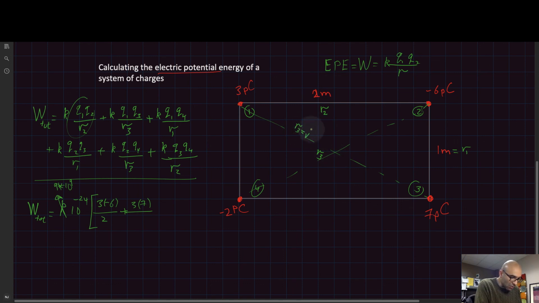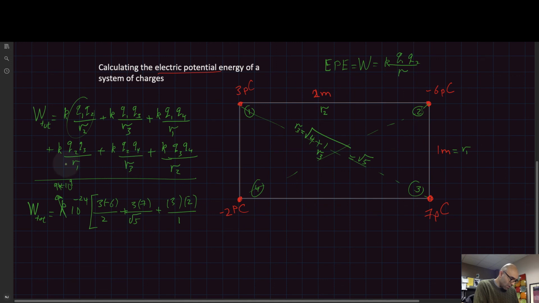R3 is equal to root square of 2 square, which is 4, plus 1 square, which is 1, and that gives us root square of 5. And that's it. Divide by root square of 5. Plus Q1, which is again 3 times minus 2 for Q4. Divided by the distance between them, and that's 1.